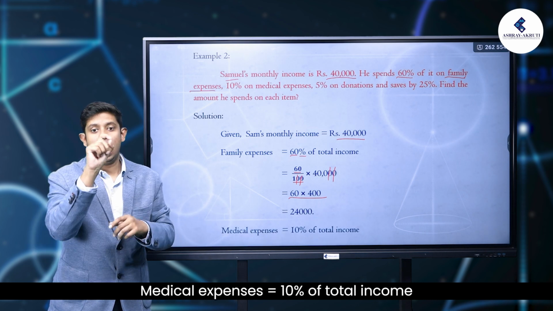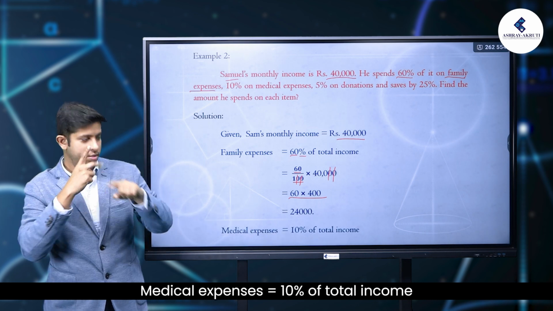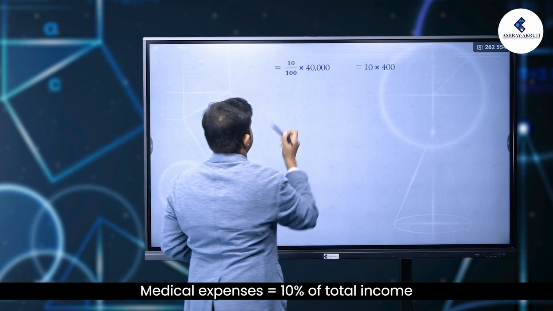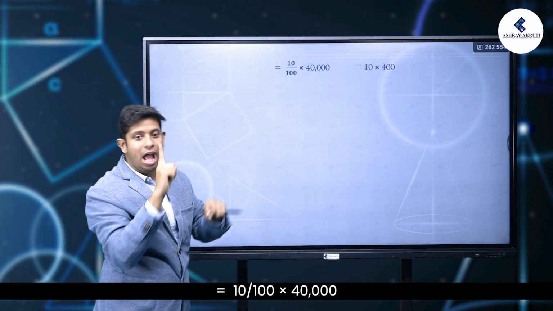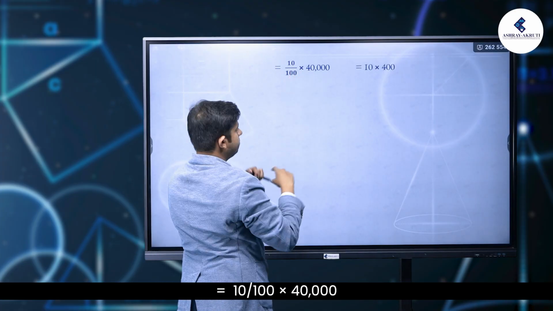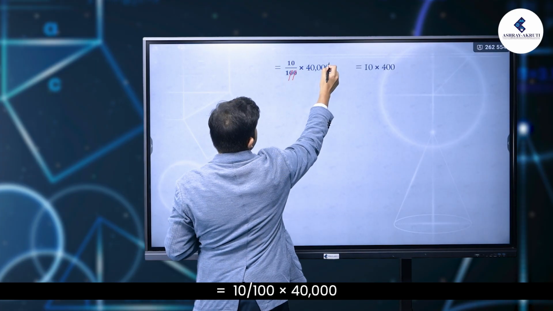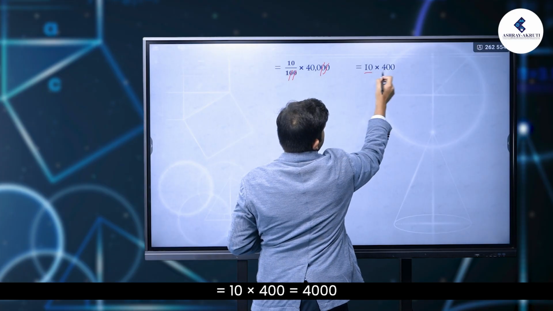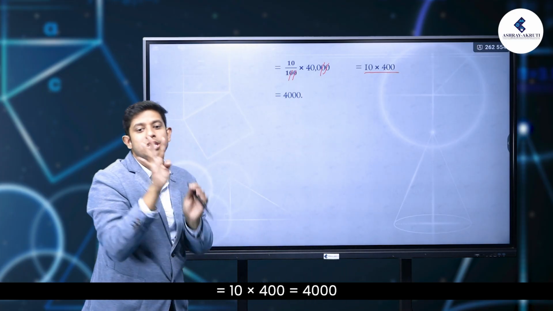Medical expenses equals 10% of total income. 10 by 100 into 40,000 equals 10 into 400, equals 4,000.